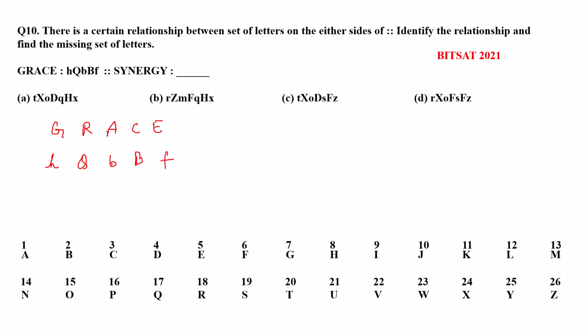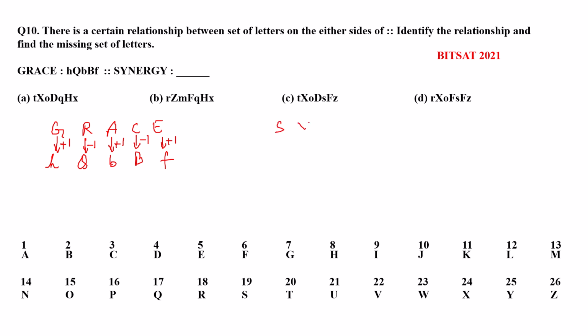So one letter small, one letter capital. Now if you see the relation, G, if you move one step forward, you reach H, and for R, if you go one step backward, you reach Q. Same way A plus 1, C minus 1. So the sequence is one step forward, one step backward.